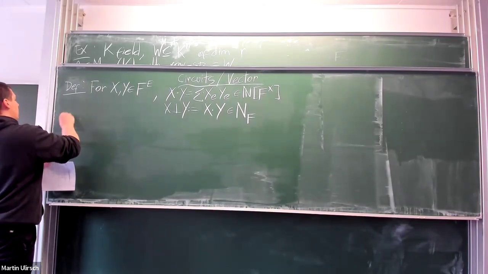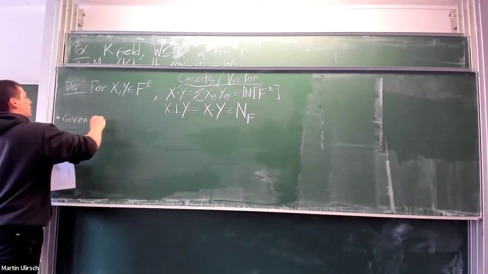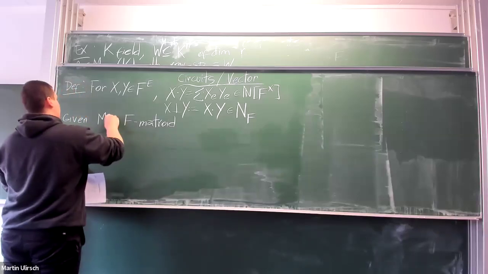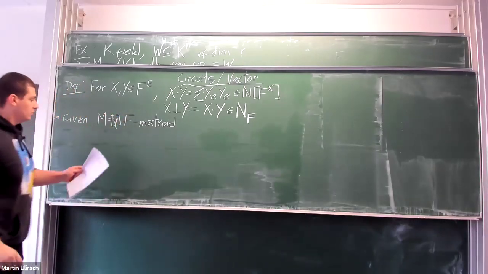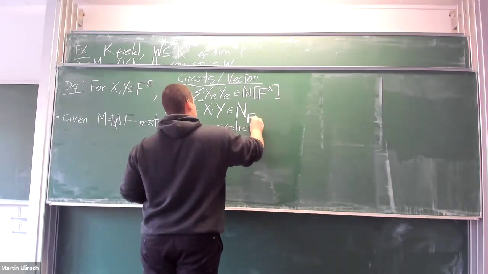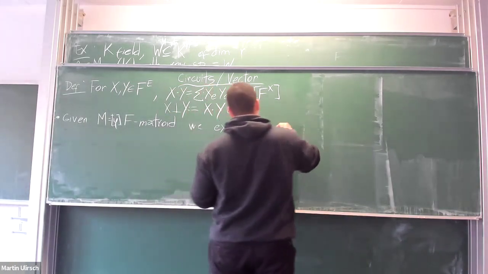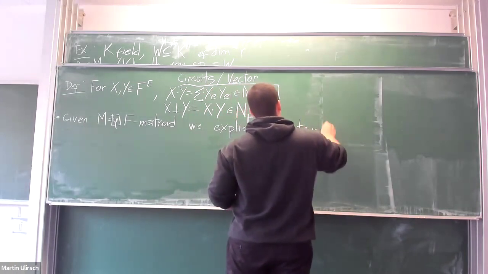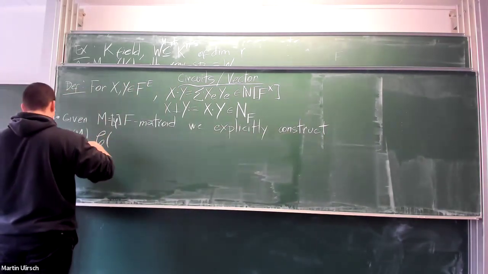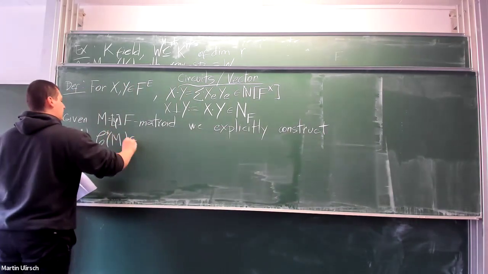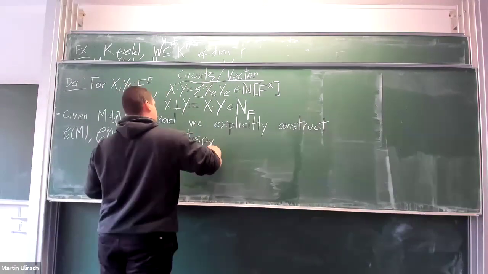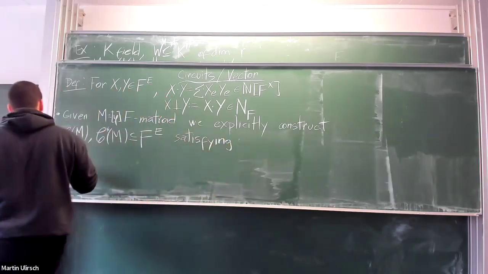And now, given an F matrix, which is a class of a Grassmannian function, we explicitly define two families. That's this.